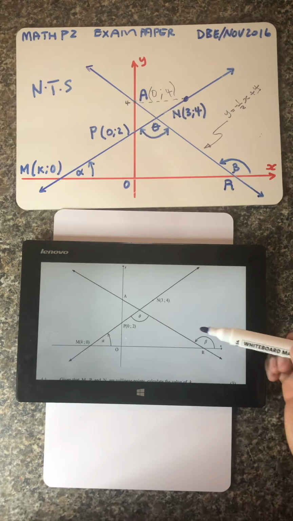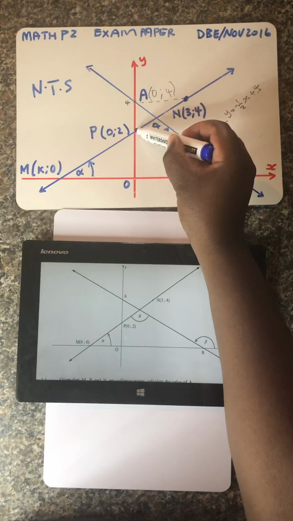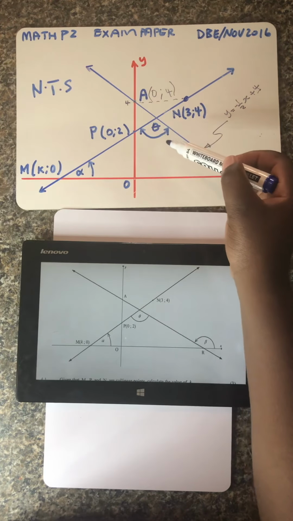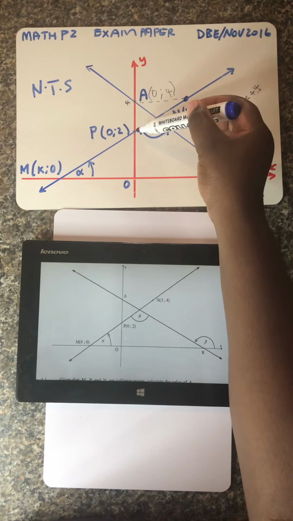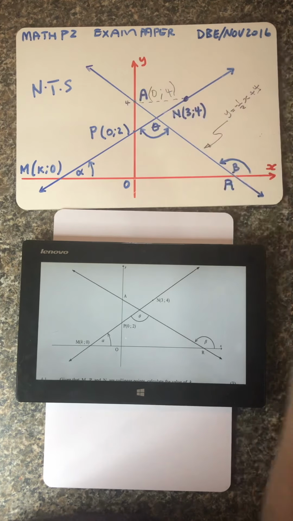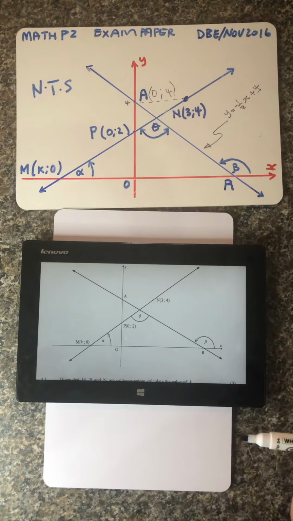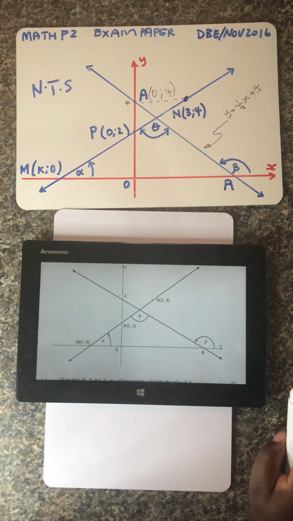So you'll obviously realize that since at that point there it's 2, then from there to there was supposed to be equal to from there to there. Can you see? But in my case, it doesn't seem to be equal because it's a hand-drawn diagram.